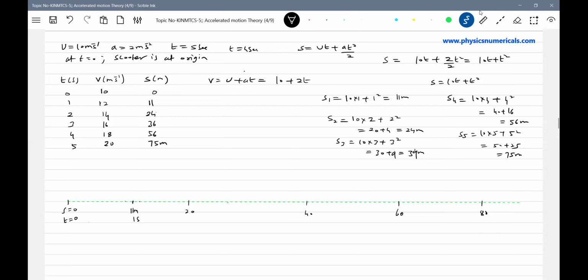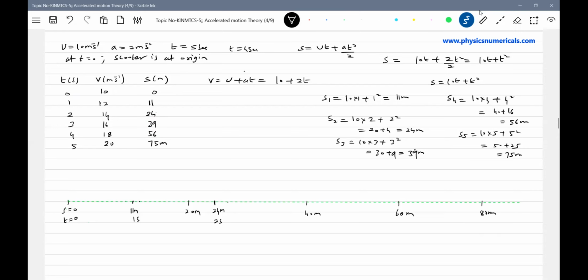At 2 seconds, 24 meter. It will be here. This will be 3 seconds, it will be at a distance of 36 meters. I think S3 will be 39.